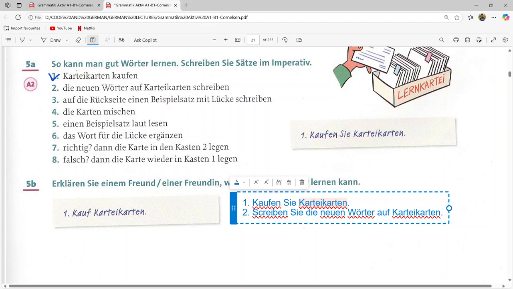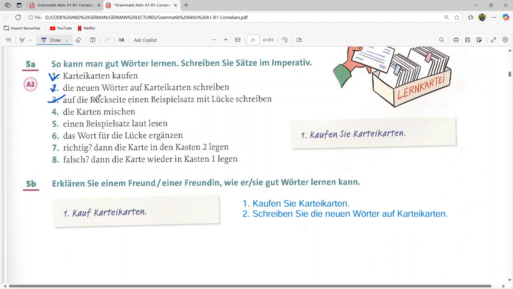So, write down the new words on the flashcards. Schreiben Sie. Okay, this one is also done.